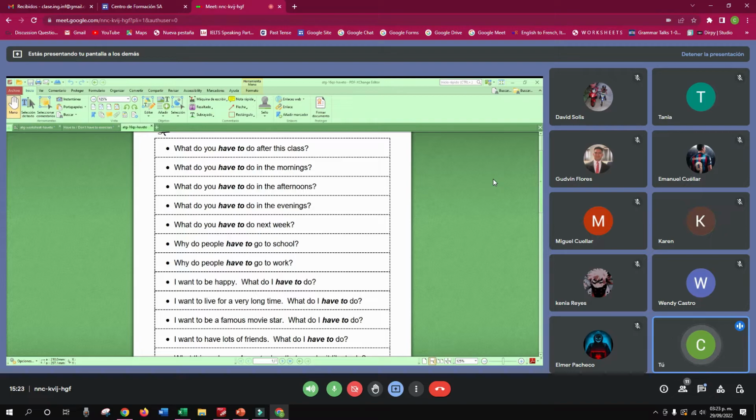Creería que la mayoría ya está en Google Chat, ¿verdad? Entonces, copie o tómele una foto, ¿verdad? O haga una captura de estas preguntas. Luego las trabaja en un documento de Word o PDF y me envía las preguntas con su respuesta como tarea para la próxima clase, ¿verdad? Entonces, me las envían por Google Chat.